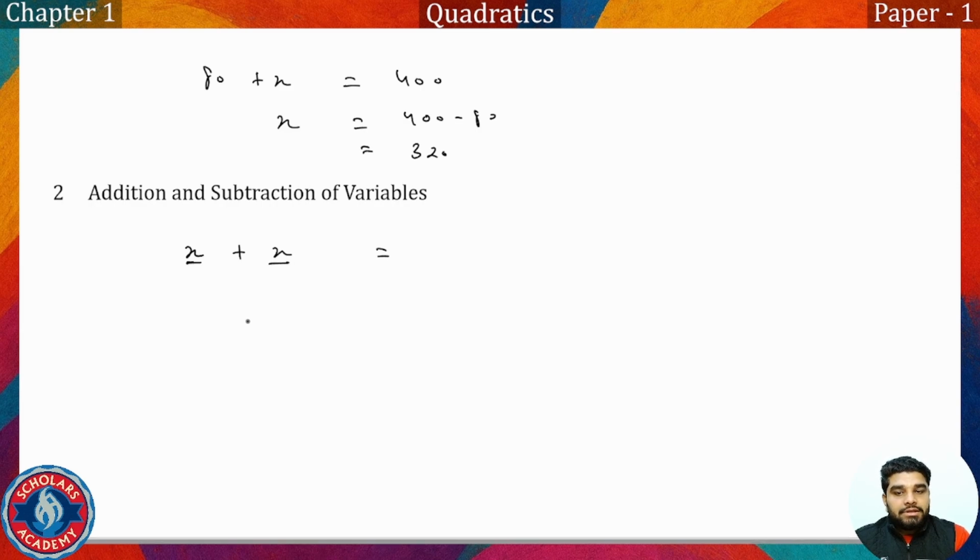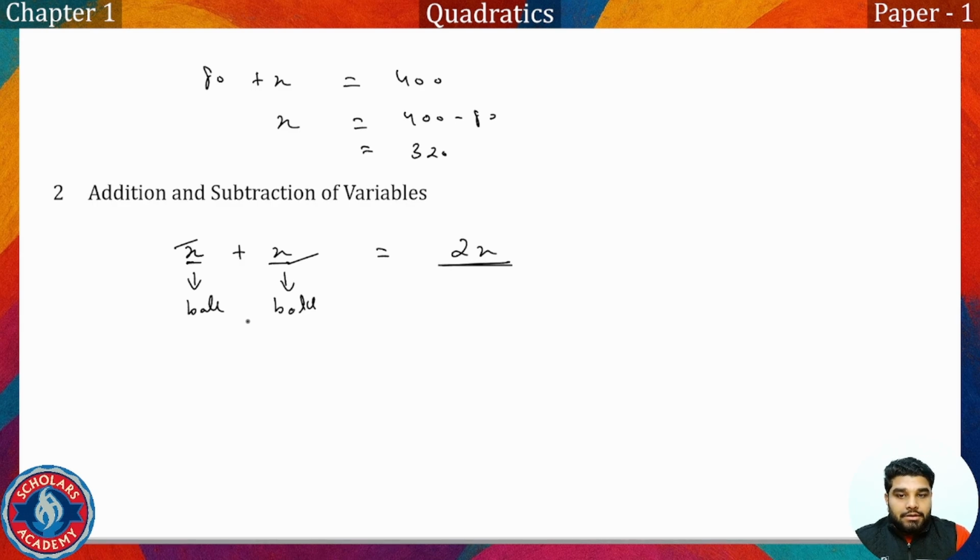For an example, one ball, second ball, we'll add them. So one variable x, second variable x, and we add them, we get 2x.